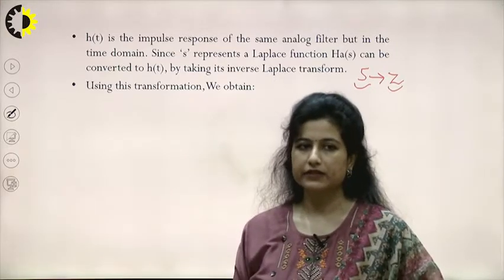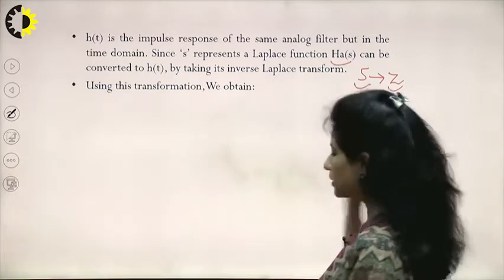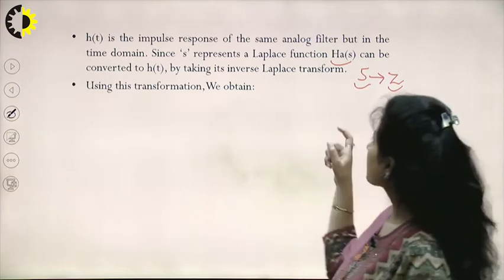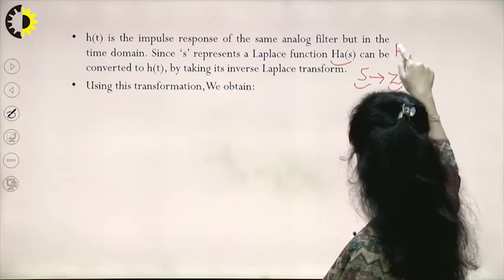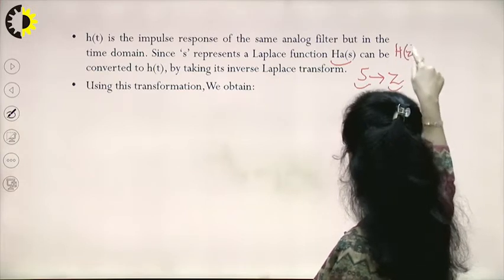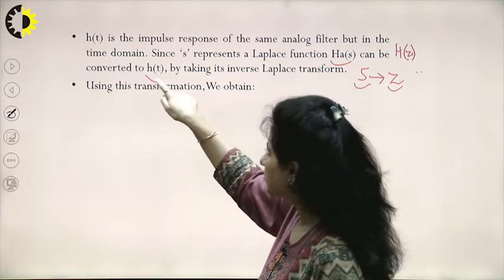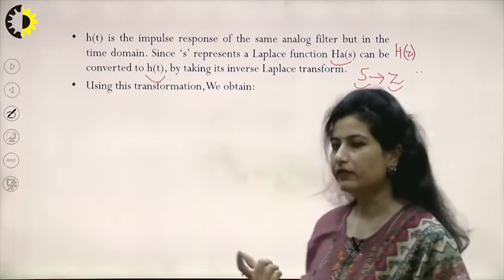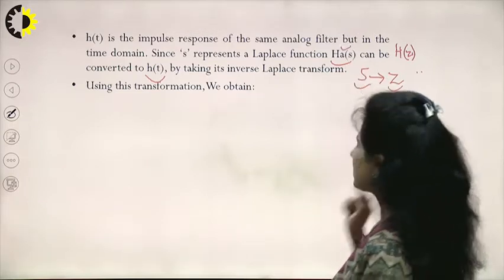So the very first thing is, let me start with my H(s), the Laplace domain function, which is representing the function of my analog domain. And finally I have to go to a function which is a function of my Z domain, H(z). So the very first thing is, I must be able to create this h(t), that is the time domain response of that particular function represented by this H(s).